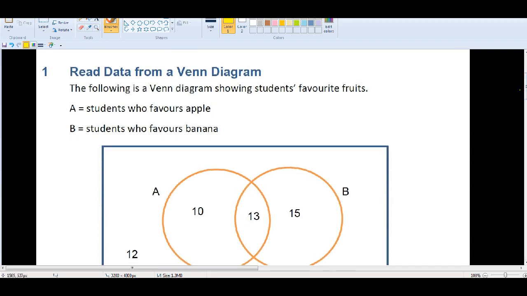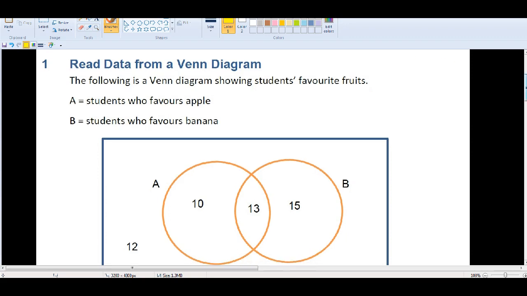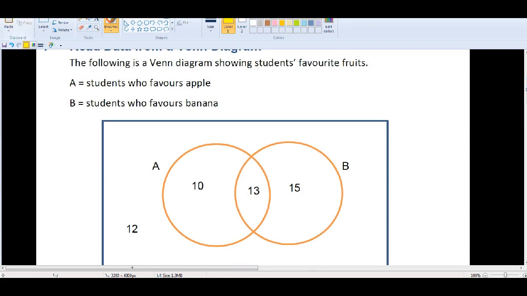I would like to use an example to show you how to read the data from the Venn diagram. Let's say we are interested in students' favorite fruit. We know some students favor apple and some students favor banana, and some students might like both apple and banana.